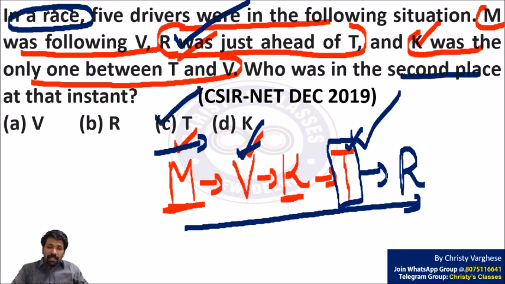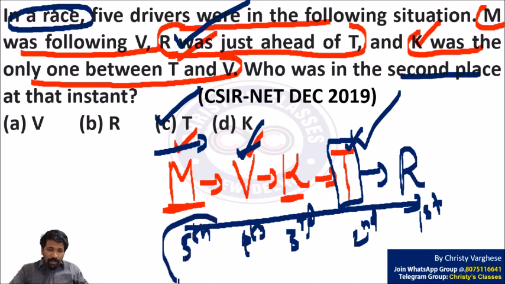Option C, T is the answer. First place, second place, third place, fourth place, M is the fifth place. That means if we are concluding the race now, M finished last, M finished fifth place. So that is why option C is the answer. Very simple question. So let's go to another question.